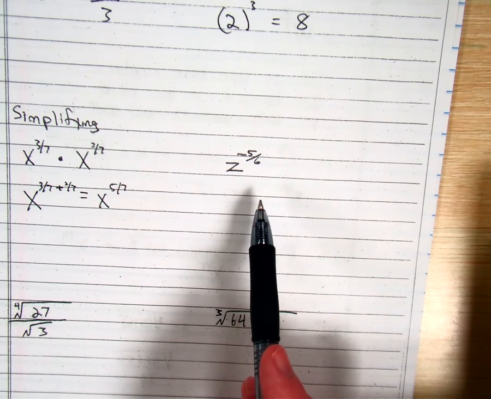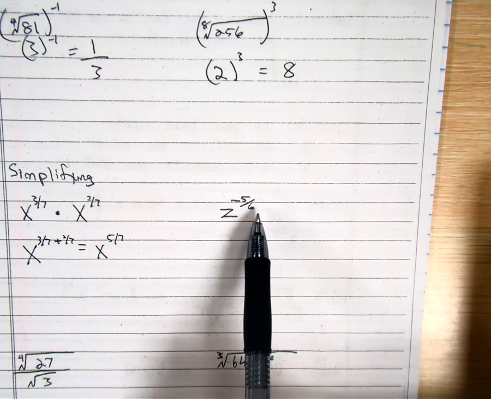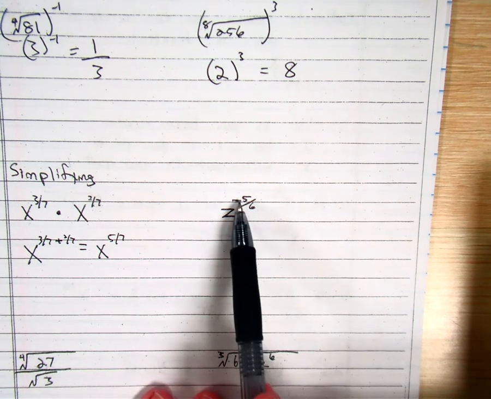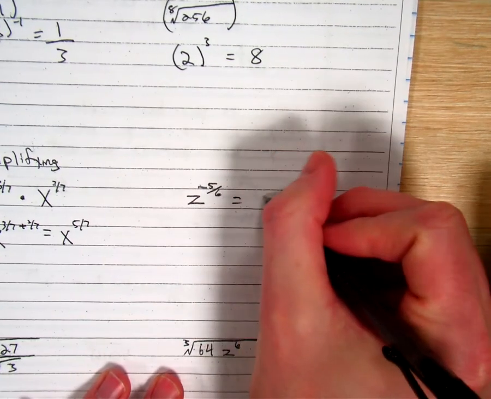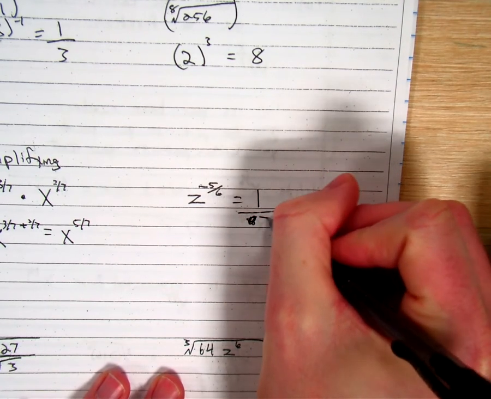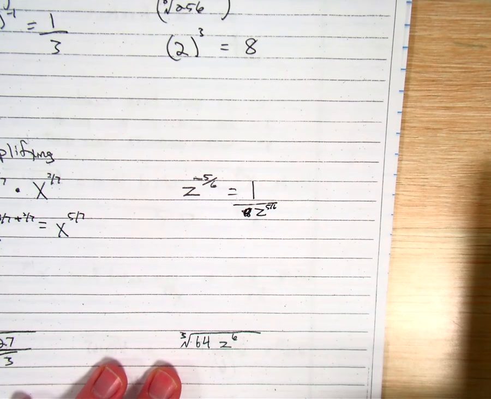Z to the negative 5/6. We had one of these with an actual number, but what about with a variable that we can't actually do, like the 6th root? The negative exponent is just going to flip it upside down. We're going to have 1 over z to the 5/6. And just like with roots, we can't have a partial power on the bottom.